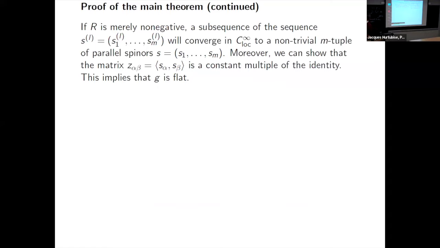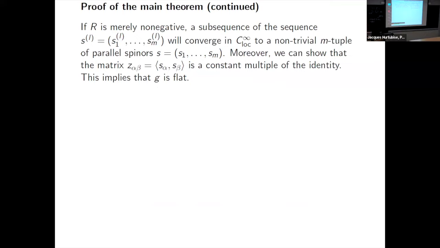And if the scalar curvature is merely non-negative, in that case, you have to run a little harder, but what you can do is you can pass to a limit, and then you can show that you get a set of n-parallel spinors in the limit, and then you can also show that the matrix given by the inner products of these is a constant multiple of the identity.